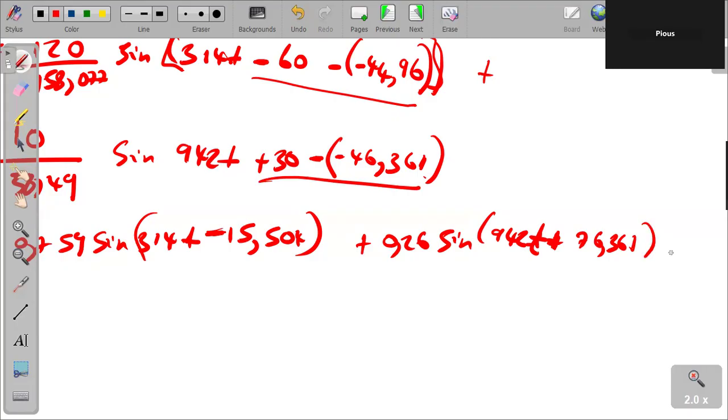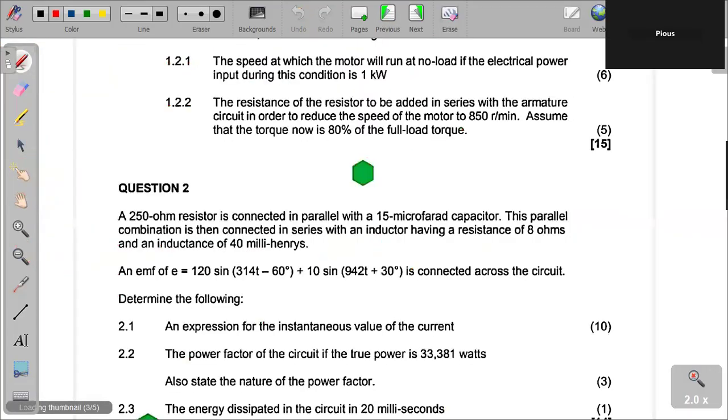That now marks our expression for the current. We have answered that first question, 2.1, the expression for the current.